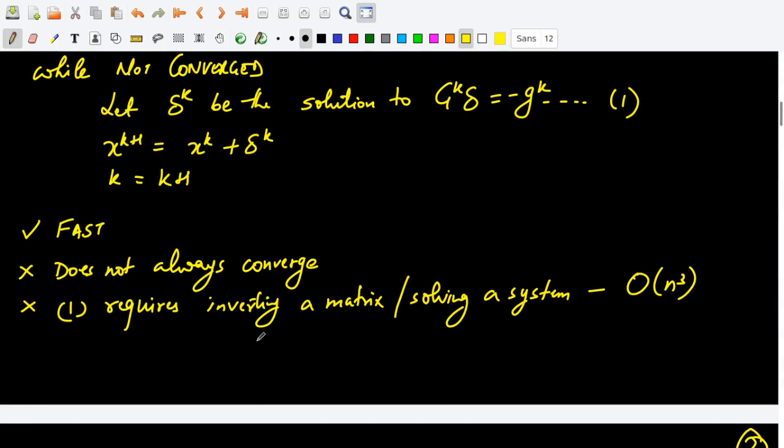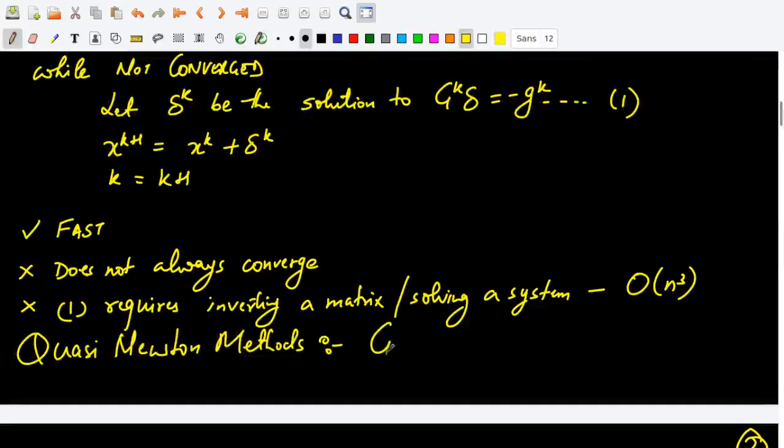Those were discussed briefly last time, but today we will talk about Quasi-Newton methods, which try to guess Gk inverse and do a line search.